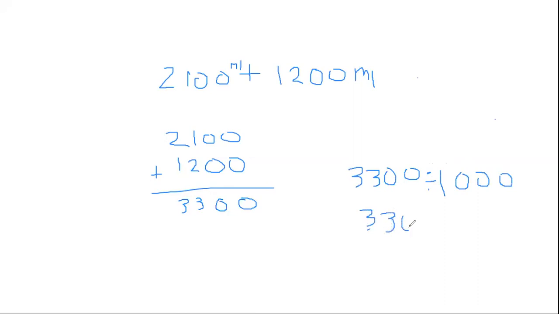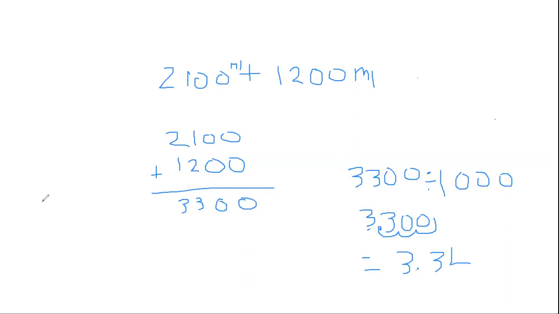And then after writing it out, I start from the back. 1, 2, 3, because 1,000 has 3 zeros. My final answer is 3.3 liters.